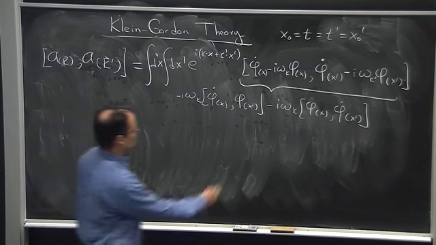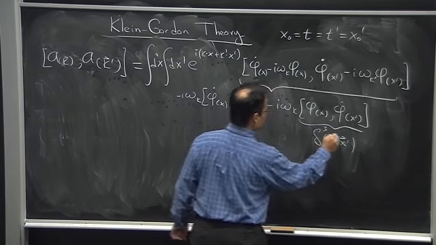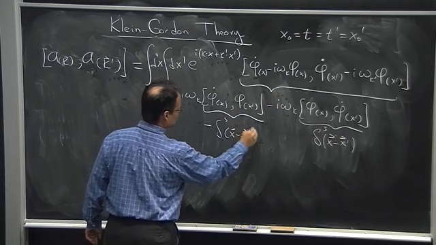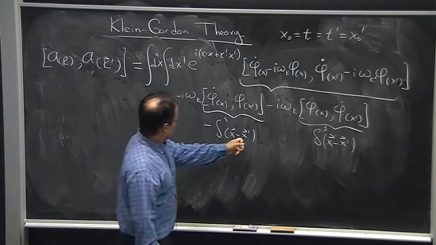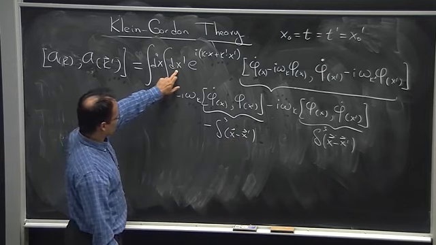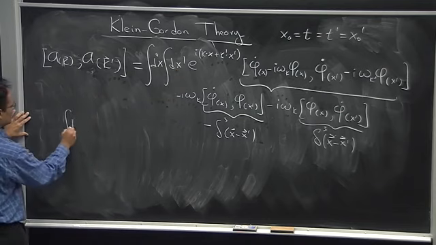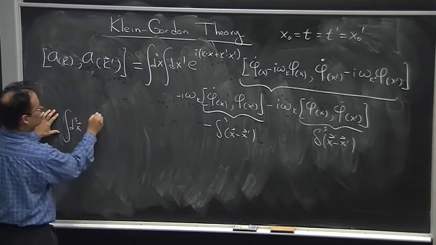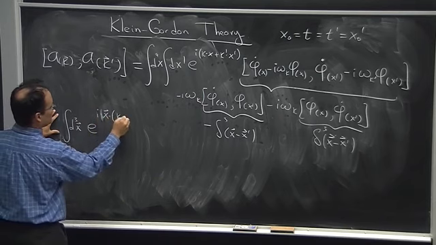This one will give me a delta 3 of x minus x prime, while this one will give me minus delta 3 of x minus x prime. Now, having done this, I can perform one of the x integrals. Say I do the x prime integral, and then I'm left with an integral d3x, and e to the i x dot (k plus k prime).